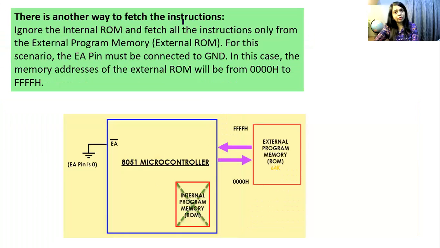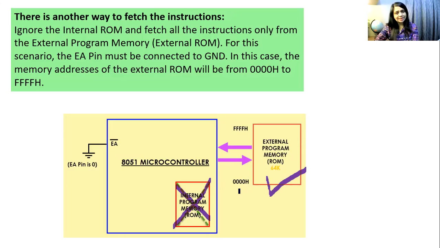There is another way to fetch the instructions. Let's take a situation in which you don't want to use internal program memory. Ignore the internal ROM and fetch all instructions only from external program memory. That means use complete external program memory. Don't store anything in internal program memory and store all program instructions in external program memory.